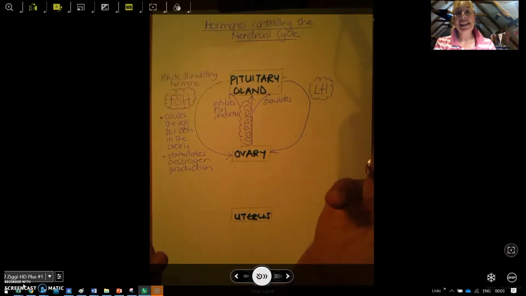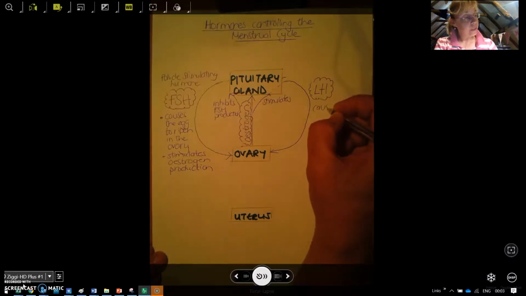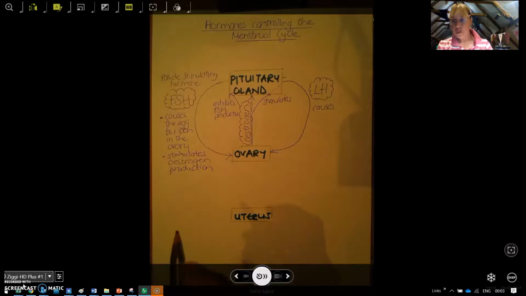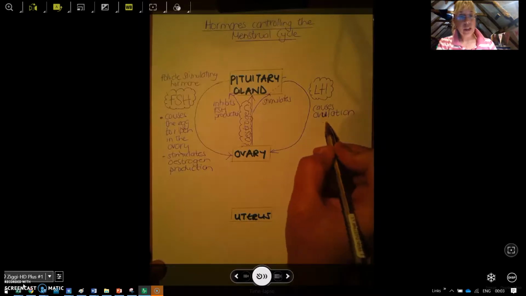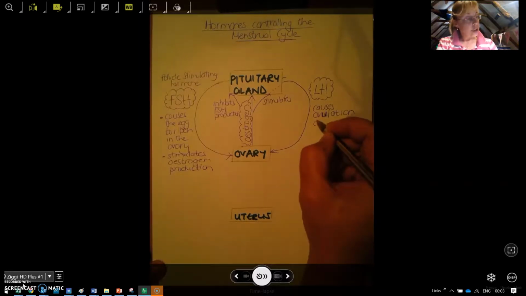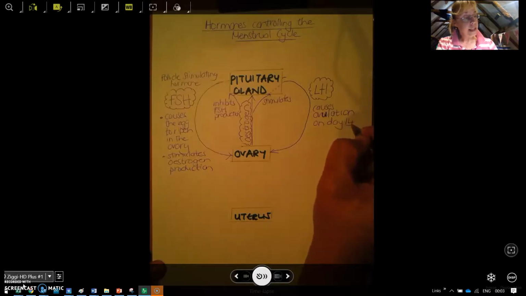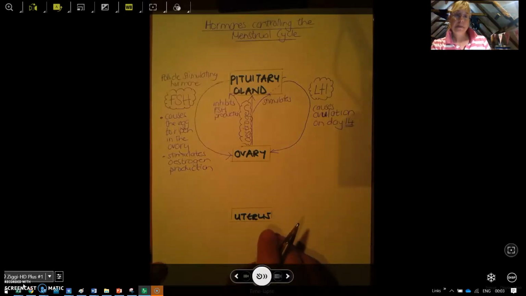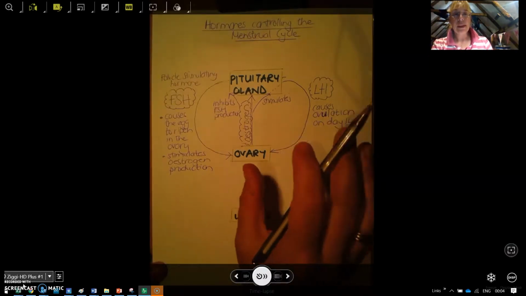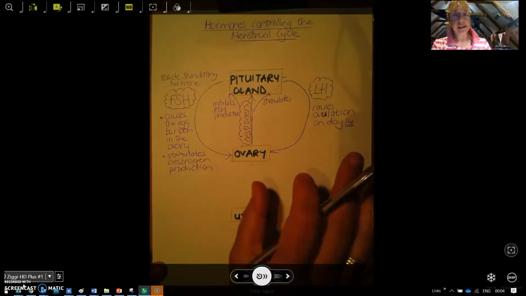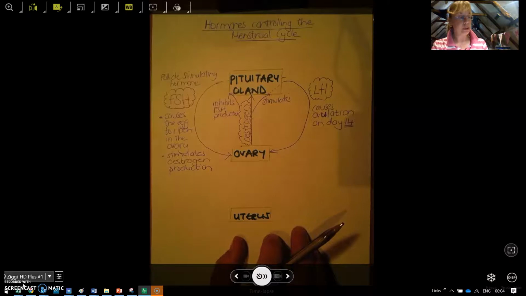So that is summarized by the one word, ovulation. So it causes ovulation on day 14. Remember, that's a more or less. So that's when you're most likely to become pregnant, and probably a day before, day after. A 3-day window is that time when it could be very, very dangerous to have unprotected sex.